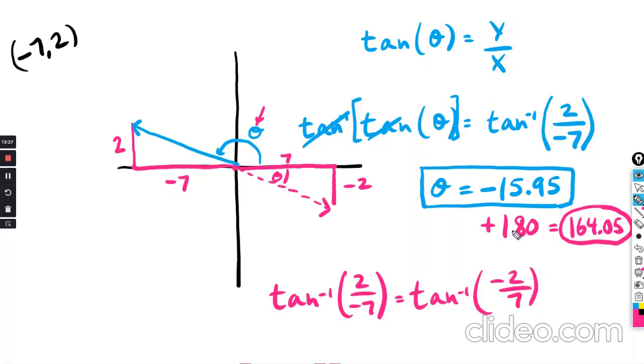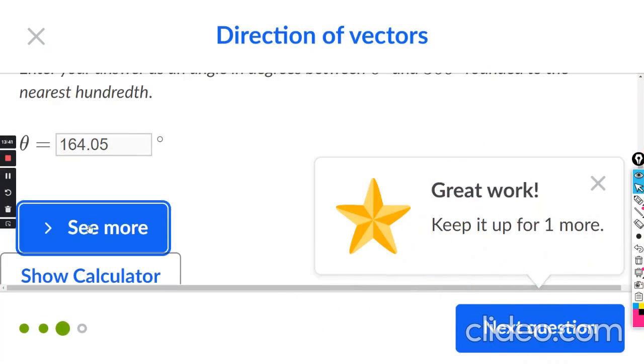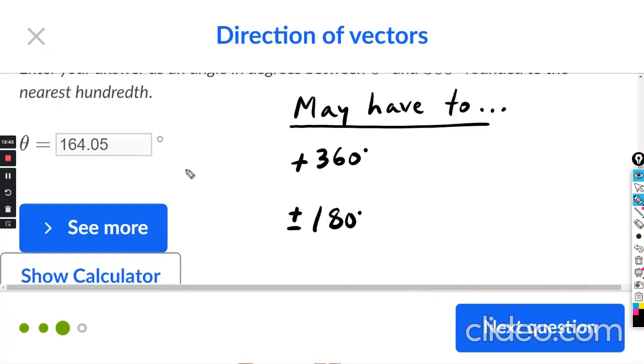So for some of them, you may have to add or subtract 180. So we have 164.05, and just enter that in the box. Just remember that for some of your answers, you may have to add 360 degrees or add or subtract 180 degrees, depending on which quadrant you're in, so your answer matches that quadrant.